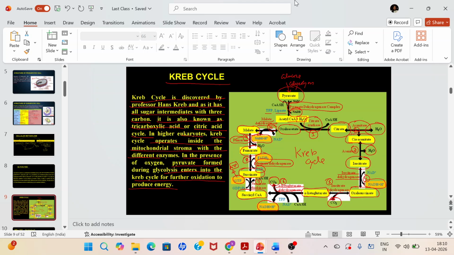In the presence of oxygen, pyruvate formed during glycolysis enters into the Krebs cycle for further oxidation to produce energy, which we read just before. Okay. So this pyruvate must cross the mitochondrial membrane to enter the Krebs cycle.